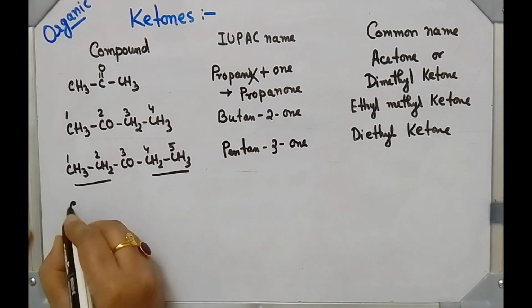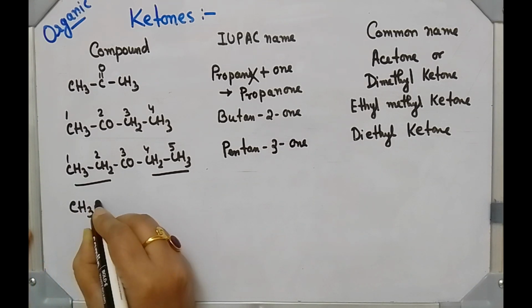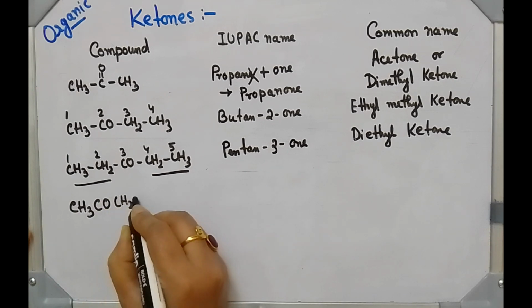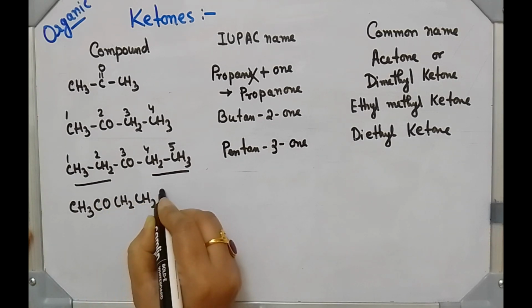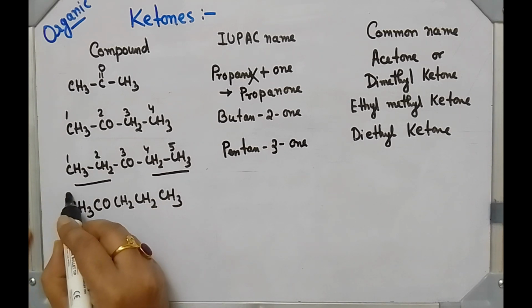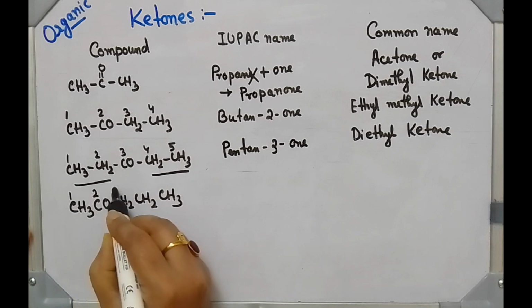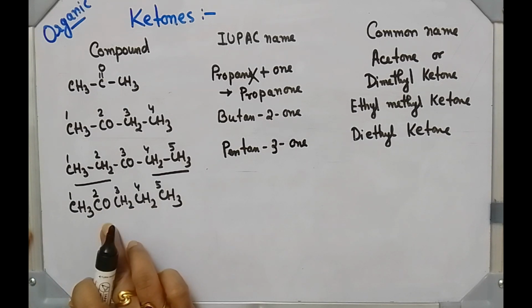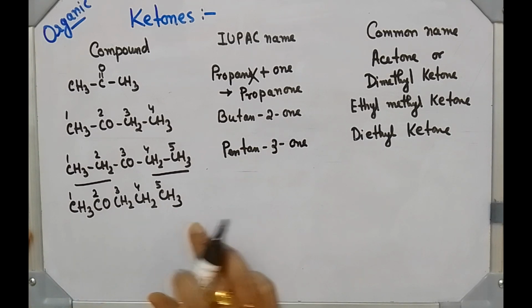Next one is CH3COCH2CH2CH3. Here also we have to give the numbering from this side to give the lowest number to this carbon, and it has 5 carbon atoms.